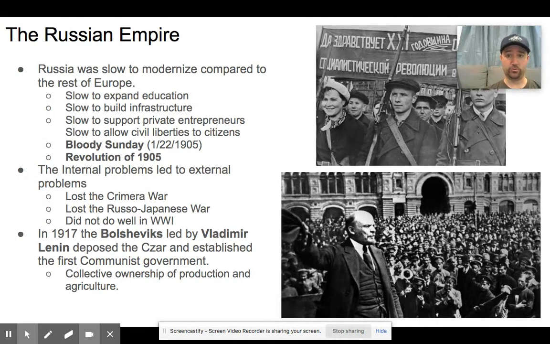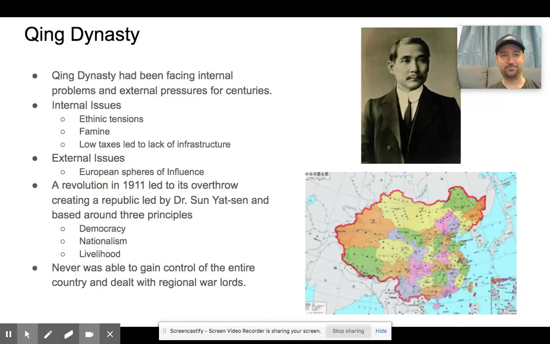For those of you who grew up watching the movie Anastasia, I'm sorry to say that Anastasia did not escape, and she was killed with the rest of her family too. But that's what happens to the Tsar and his family, and in their place comes the Red Army, led by Vladimir Lenin and others. But that's the Russian Revolution.